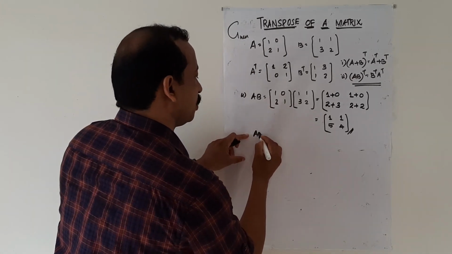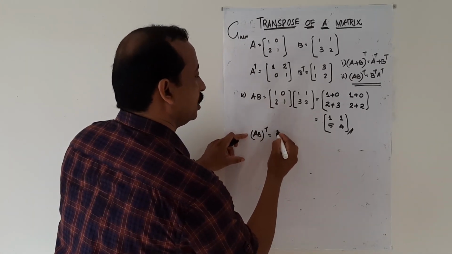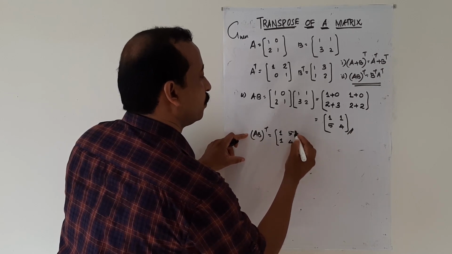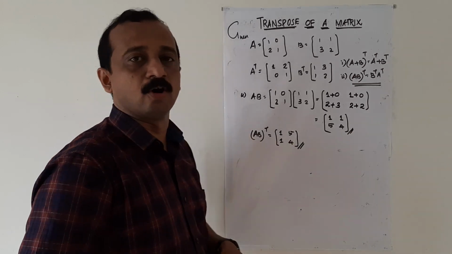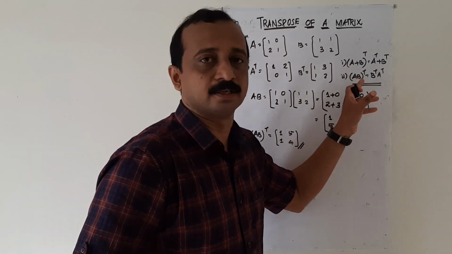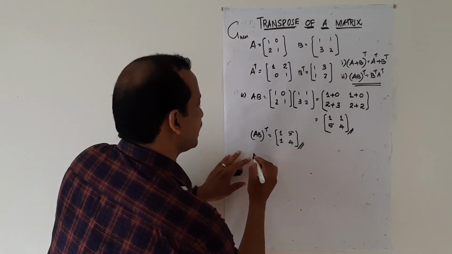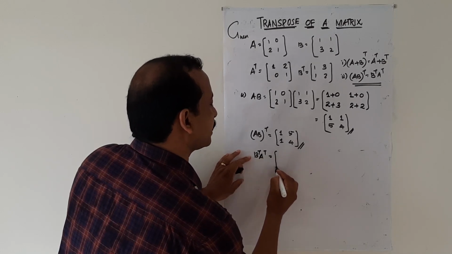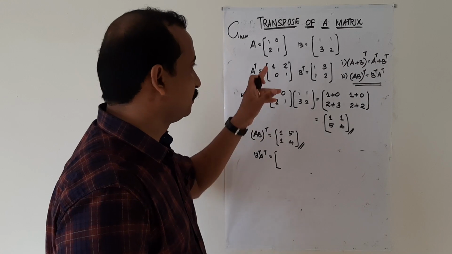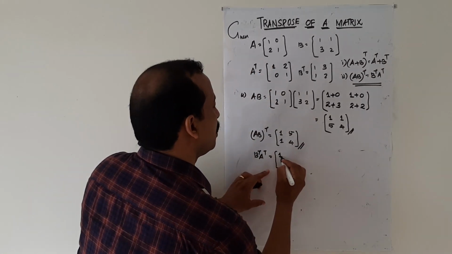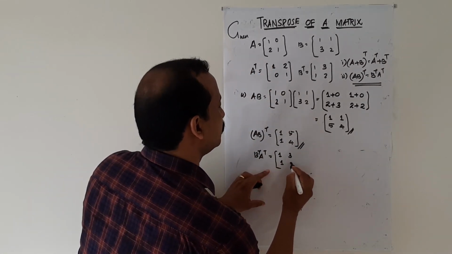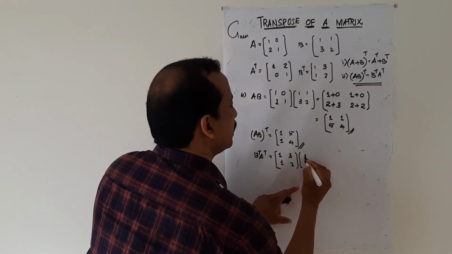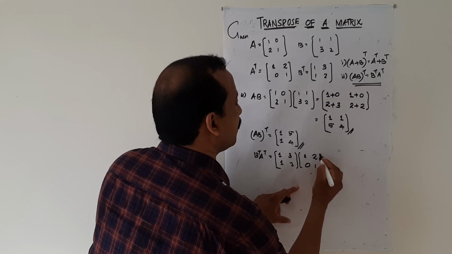Now (AB) the whole transpose is equal to [1 5; 1 4]. That is (AB) the whole transpose, which is the left side of the property. Now we find the right side, B transpose into A transpose. You already know B transpose, [1 3; 1 2], into A transpose, [1 2; 0 1].